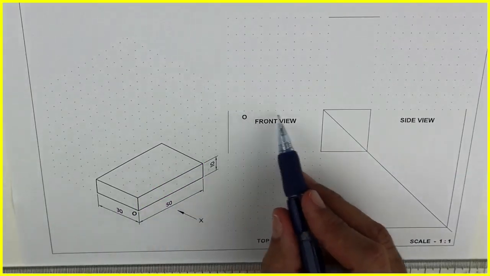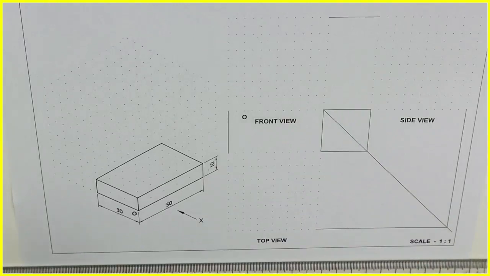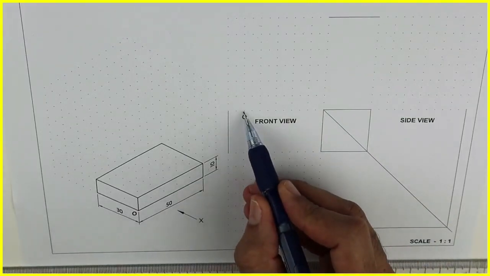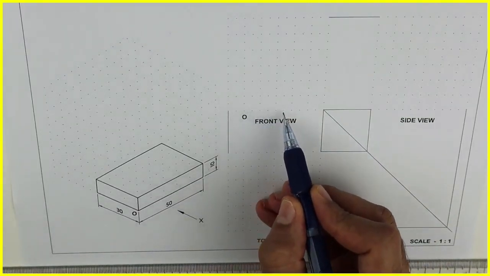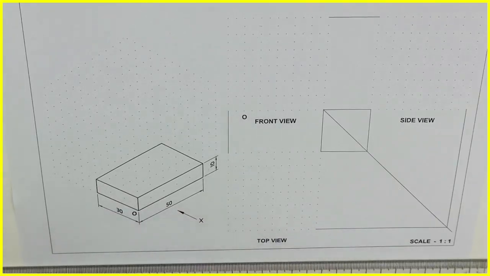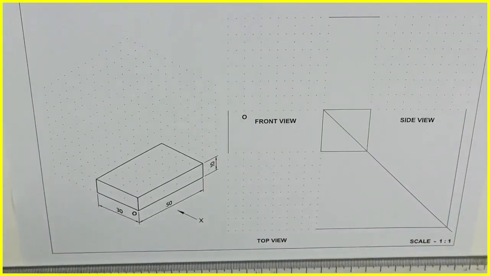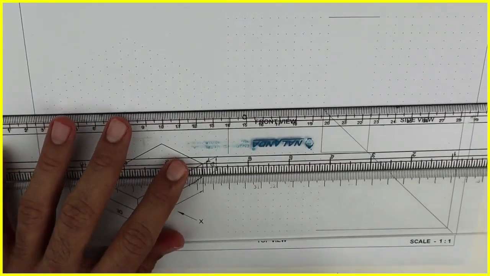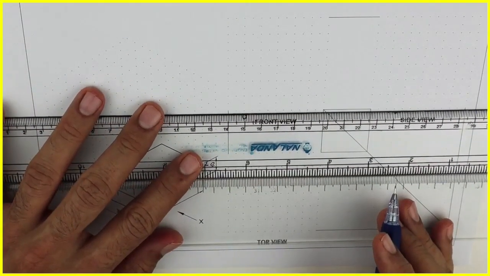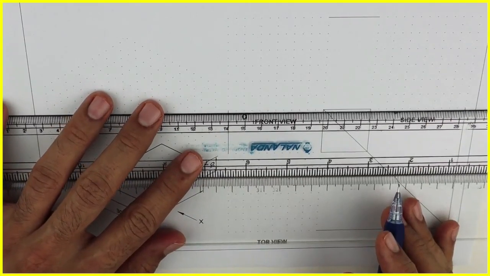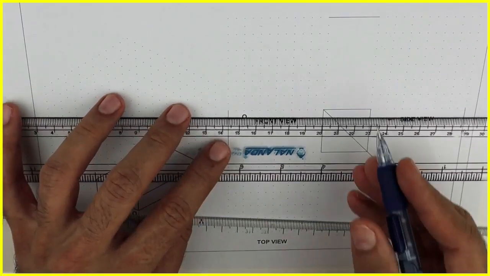Now if you see, this is a dotted sheet, right? Where 1 dot, 2 dot. The distance between them is 5 mm. So this is 50, so we have to take 10 dots. We can take it with a T-scale or with a normal scale. This you can use as a rough sheet, as a practice sheet. See this.